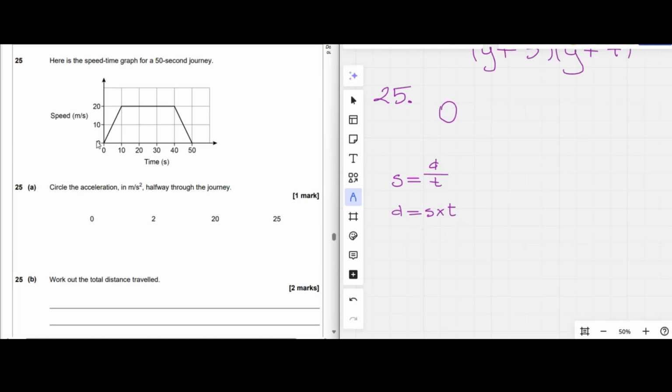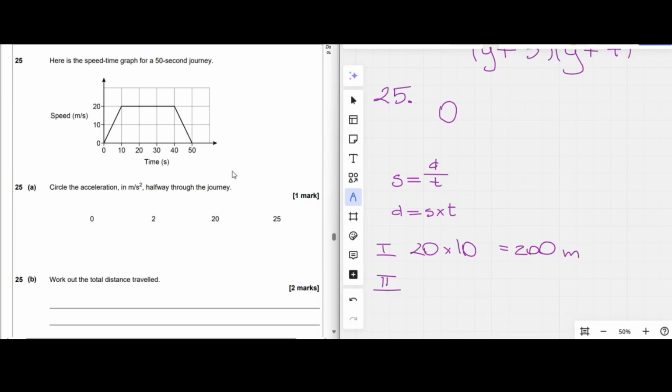So from that first bit, we have 20, first part, 20 times 10, 200. 200 meters.